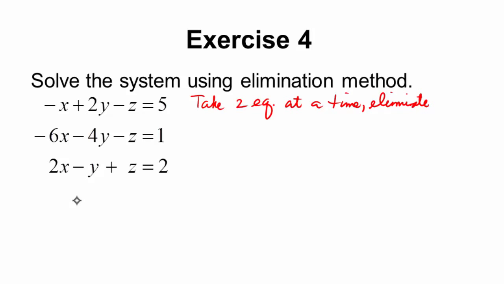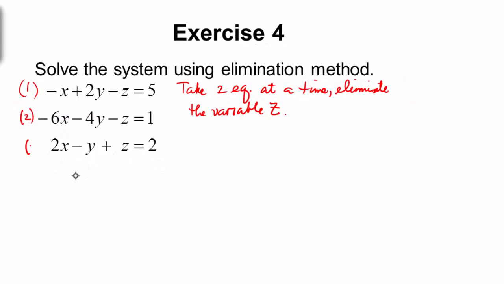So in this particular case, what we're going to do is eliminate the variable z. Okay, so I'm going to name these 1, 2, and 3. All right, so let's take equations 1 and 2.